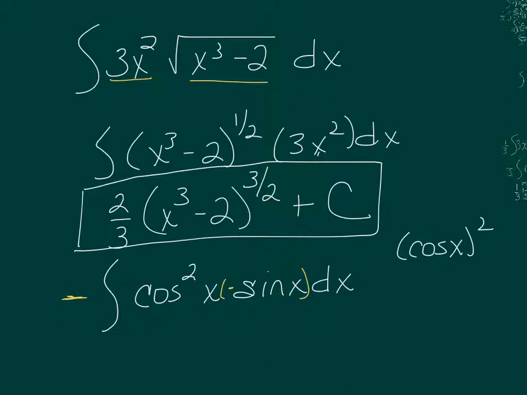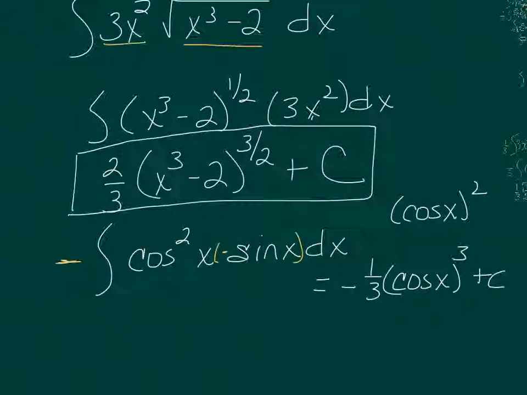And when we integrate, we will get a negative (cosine x) cubed times 1/3 plus c. Now, I don't care if you leave it like that, but normally we would write that as a negative 1/3 cosine cubed x plus c.